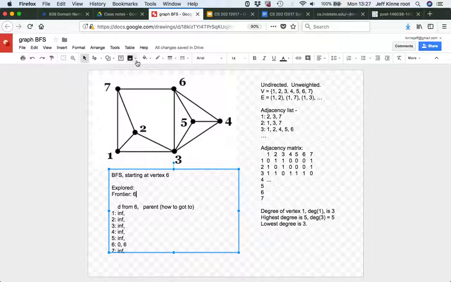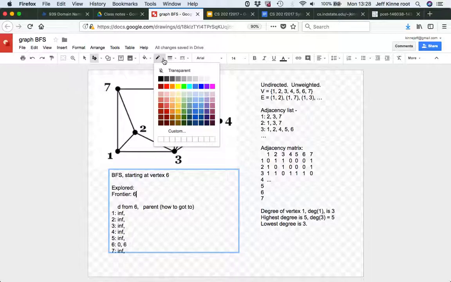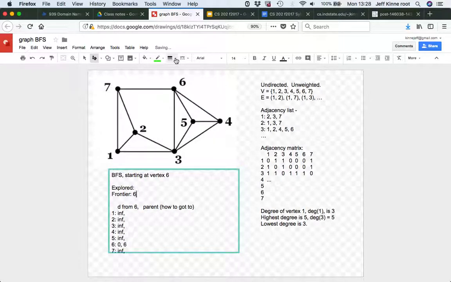And the rule is, for BFS, we take something off the frontier, and we look at its neighbors. So I'm going to go ahead and circle 6 here to say that we took that off the frontier.